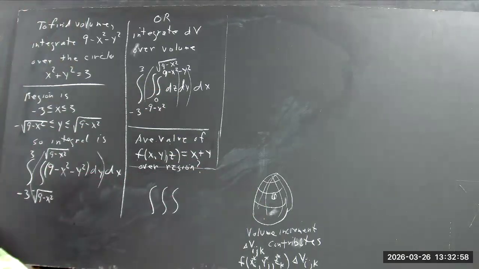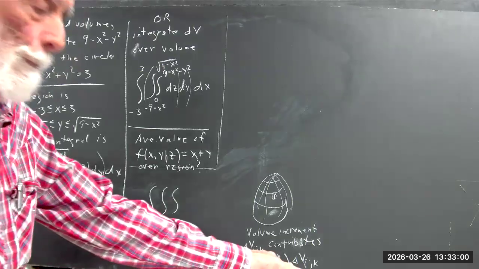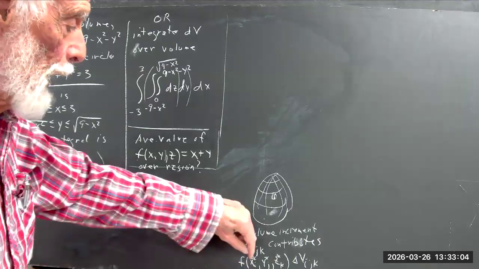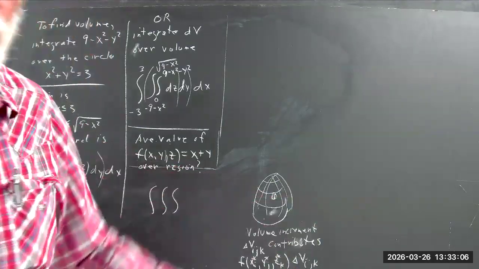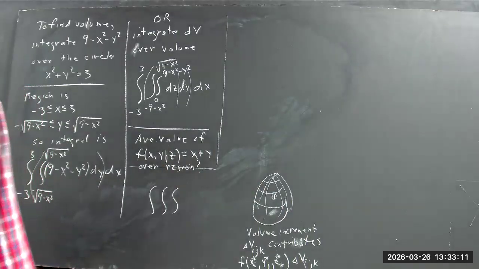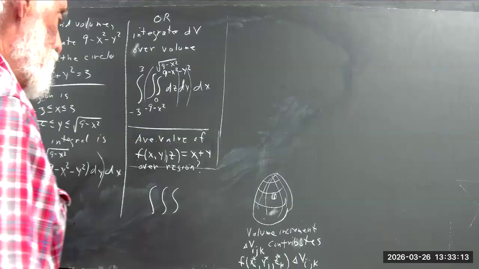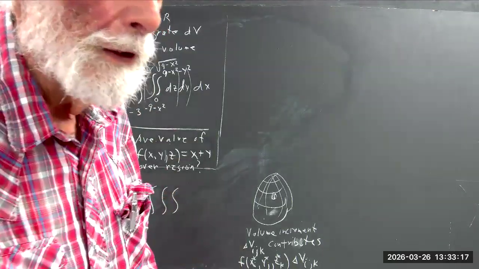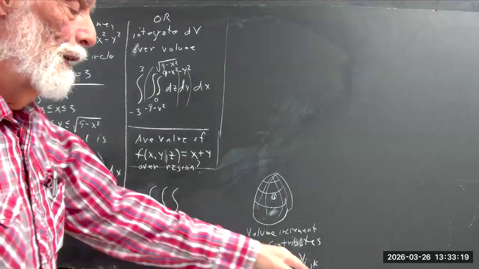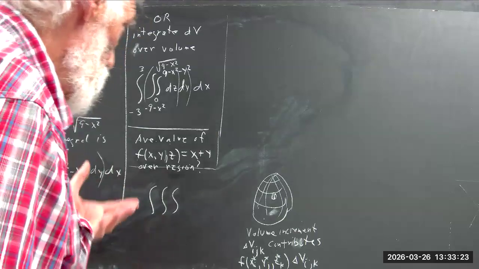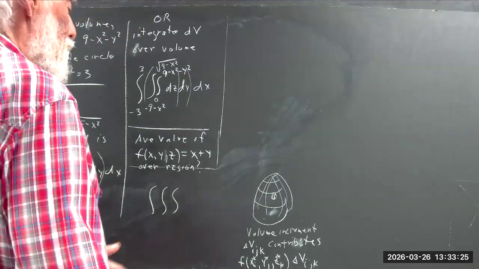One single increment contributes this. If this is density, then it's the density at your sample point multiplied by your volume, which gives you mass. Okay? If it's heat content per unit of volume, it gives you the amount of heat in that volume. Okay, among other things.